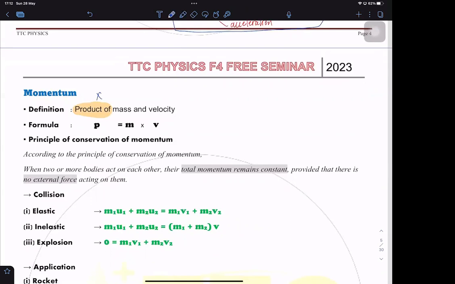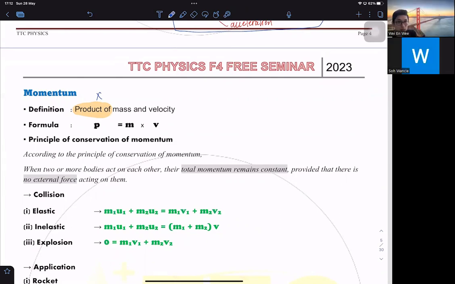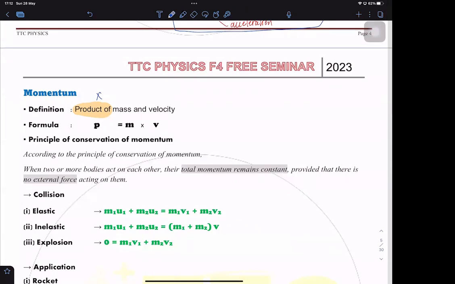Okay? Mass and velocity. So when we learn momentum, we also need to learn about something called the principle of conservation of momentum. And according to this principle, basically the total momentum will always be conserved. Conserve means remain the same.